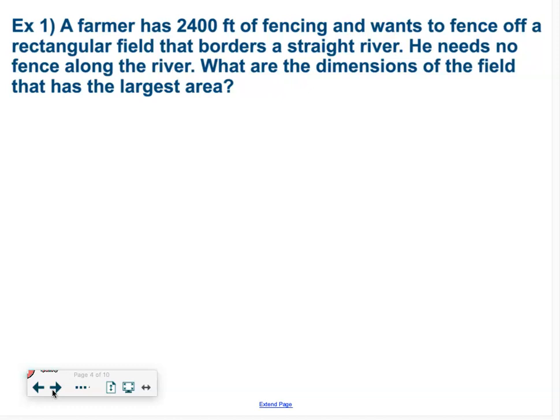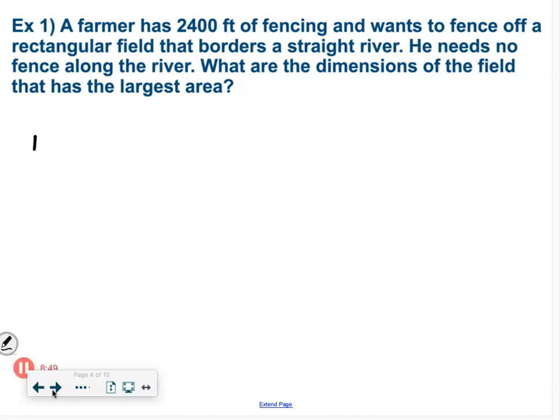A farmer has 2,400 feet of fencing. He wants to fence off a rectangular field that borders a river. He needs no fence along the river. What are the dimensions of the field that has the largest area? The first thing I like to do is draw a picture.